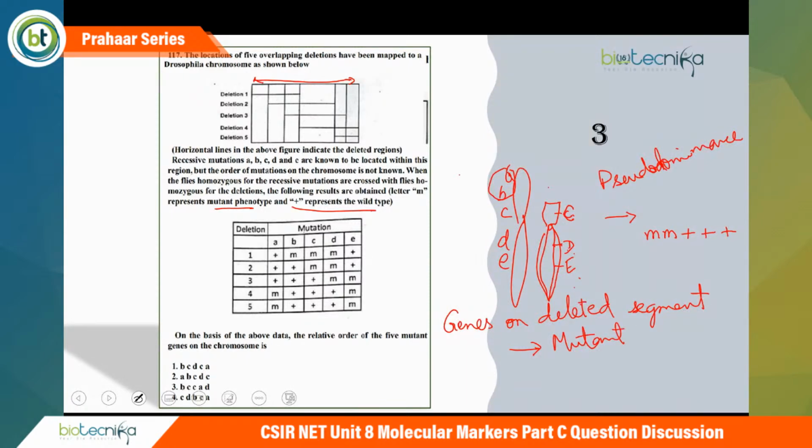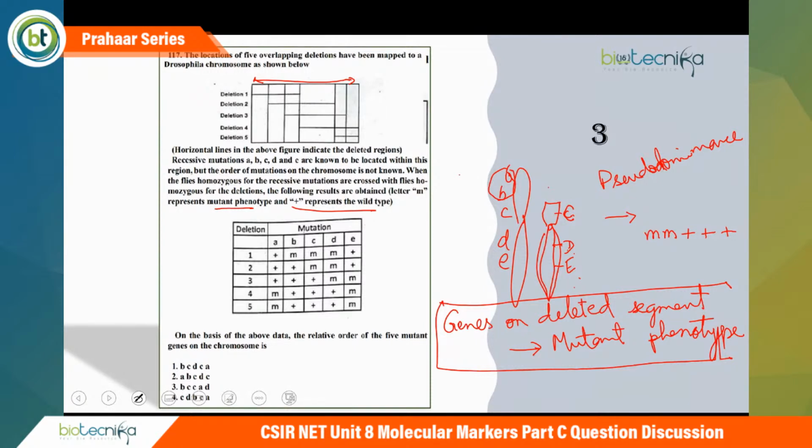Whether you call it mutant phenotype or recessive phenotype or whatever, that is what will happen. The genes which are present in the non-deleted segment will show the wild type phenotype or the dominant phenotype.